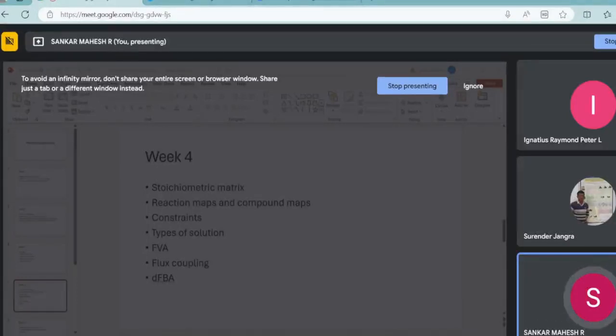Once this flux coupling was discussed, then the idea of dynamic flux balance was introduced, which is answering the question of how the concentration of a particular metabolite varies over time.